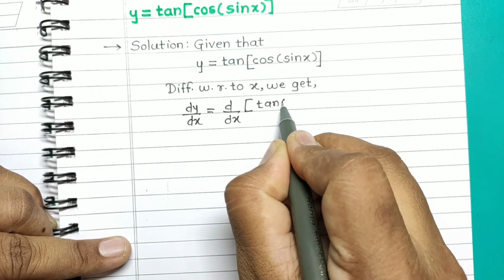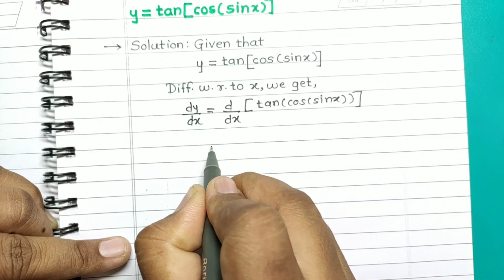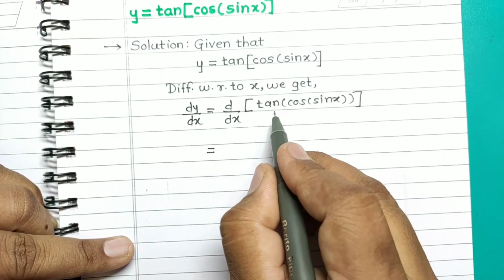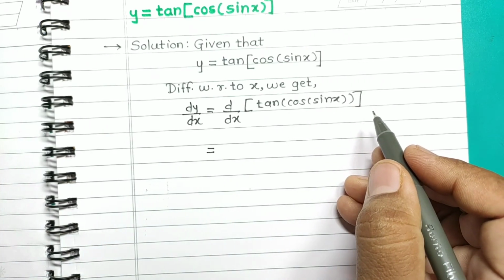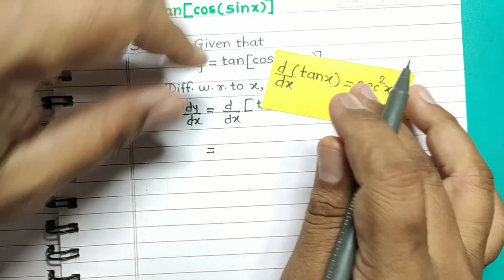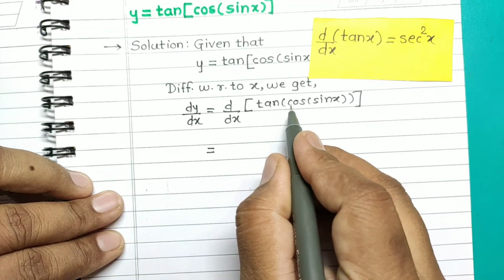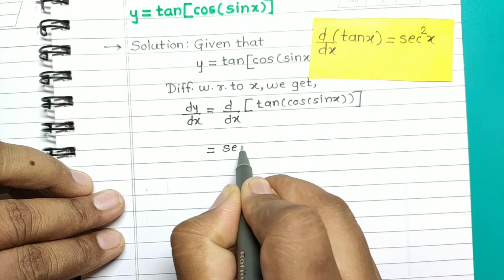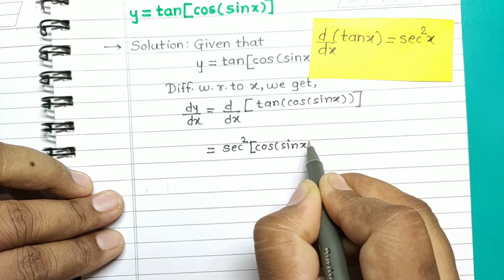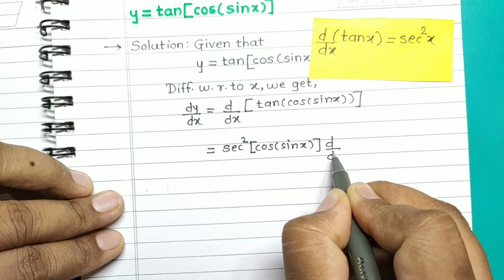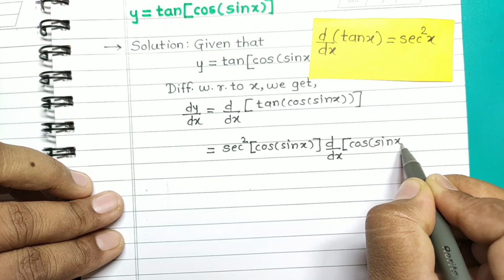You treat this function as tan of something, and we know that derivative of tan x is sec square x. So derivative of tan of something is sec square of something, and something is cos of sin x. And you multiply this term by derivative of that something function, which is cos of sin x.